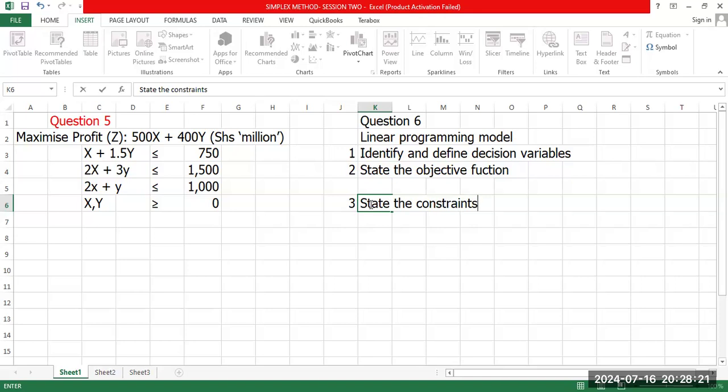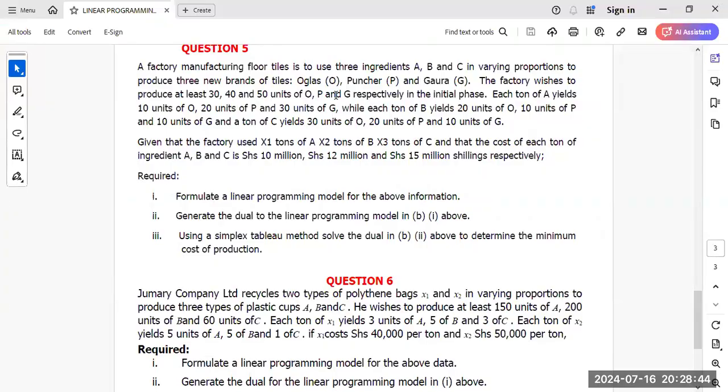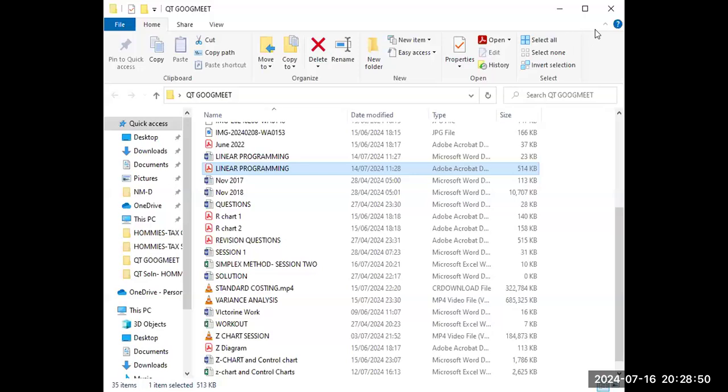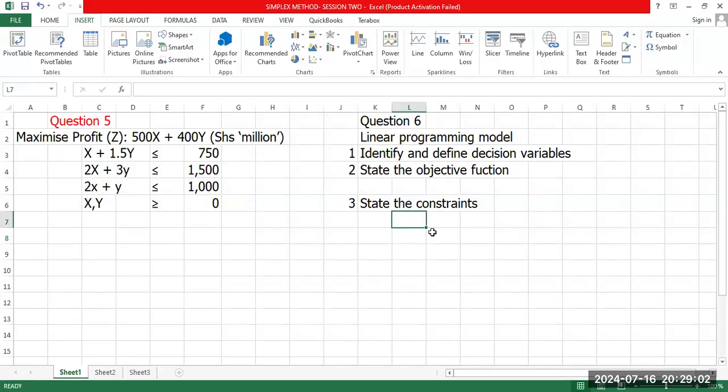Remember, in an exam, you are not doing this. You are not writing that identify and define. No, you are just answering. But you should answer as you recall that we have these steps that we normally follow. So here we are told that we have O, P, and G. They are restricted to which one?